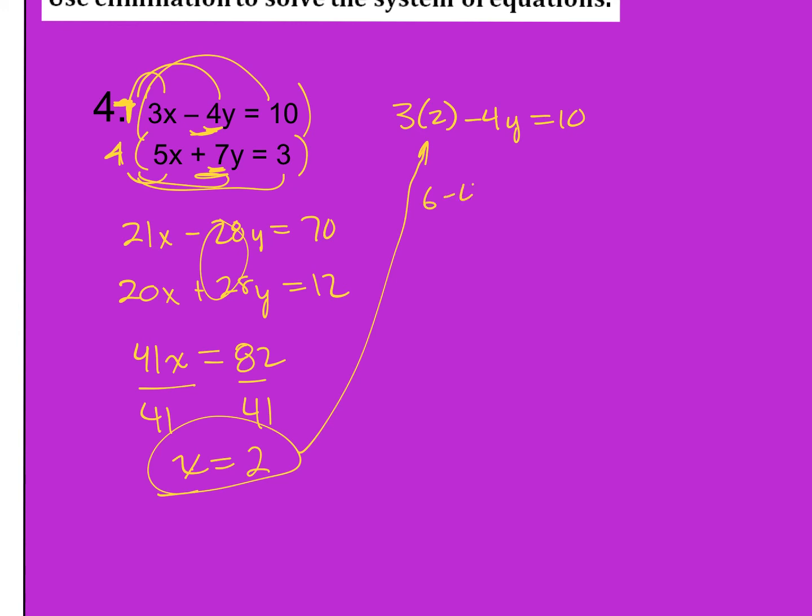So that becomes 6 minus 4y equals 10. Subtract 6, subtract 6. Negative 4y equals 4. I get y to be negative 1. 10 minus 6, yeah, 2, negative 1. That is my answer.